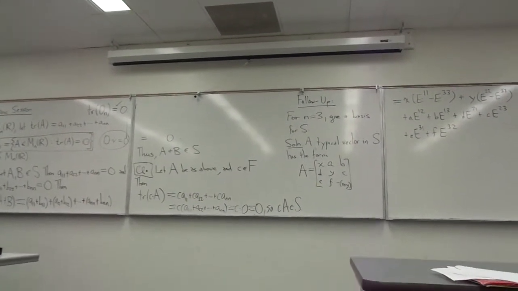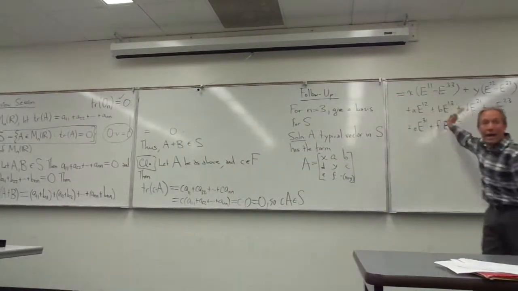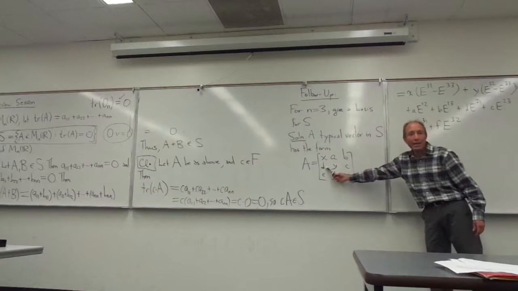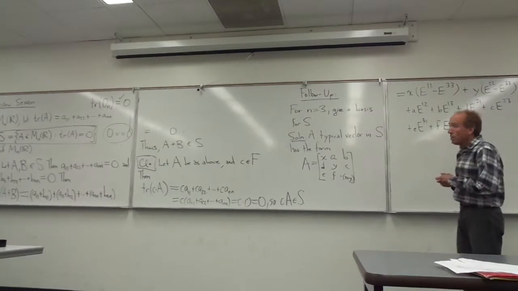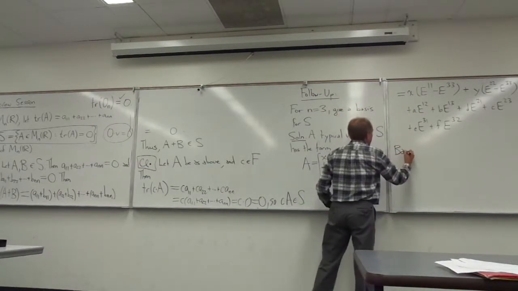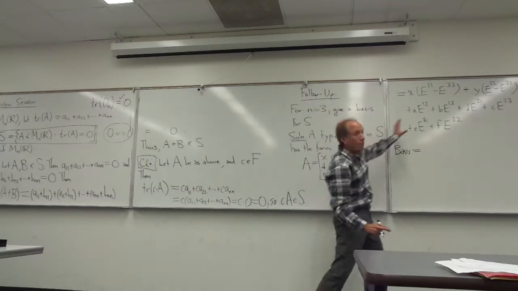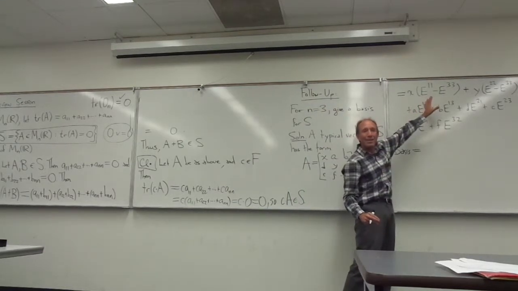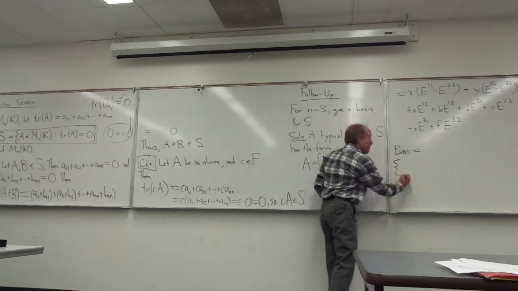There we go. So that's what I was just writing down. This is breaking down my matrix A into these terms. So then how do I get my basis? We have to make a set, right?